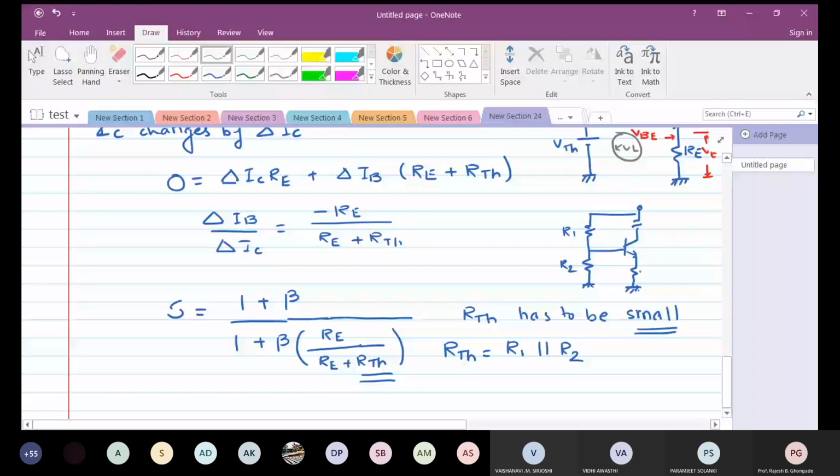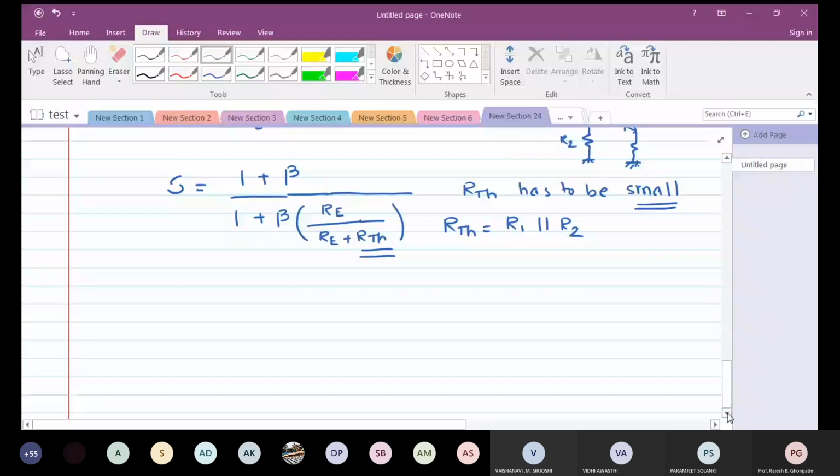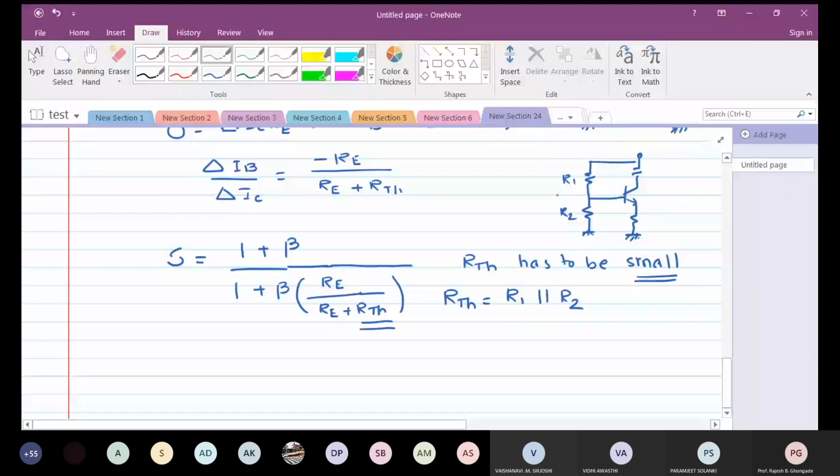In fact, that should coincide with our earlier concept. Whatever current is flowing through this, let us call it I2. This was IB. If R1, R2 are small, I2 is going to be large.